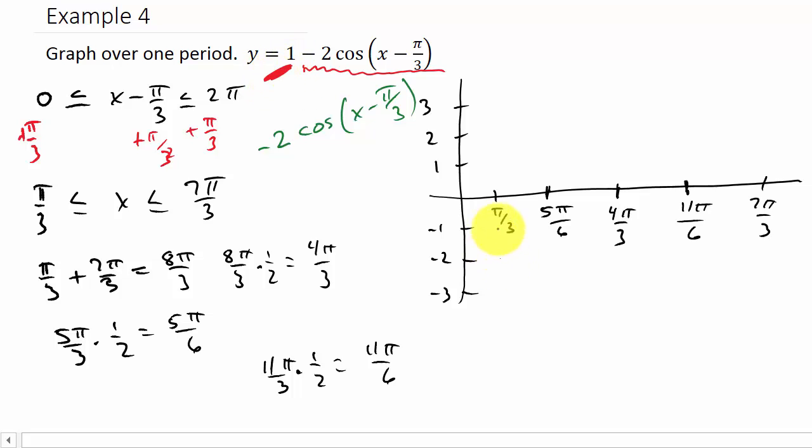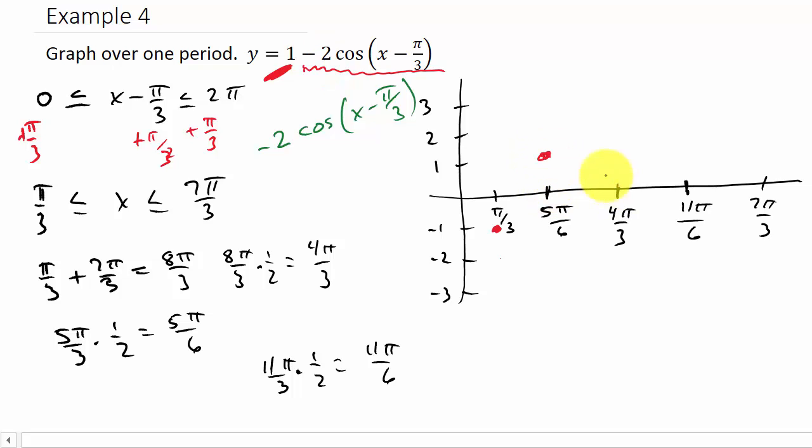Okay, so I add the 1, so we're there. Then cosine goes from its maximum to 0. And then I'm adding 1, so it's going to be here at 1.